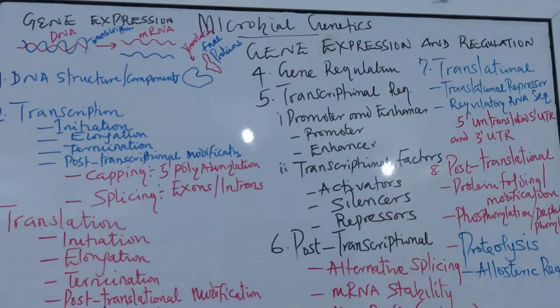So the next thing, after the splicing, is that the cell enters a stage of synthesis of a protein. That process is called translation. Translation also proceeds from messenger RNA, and it is processed into a functional protein.